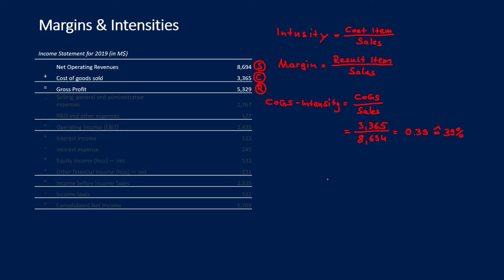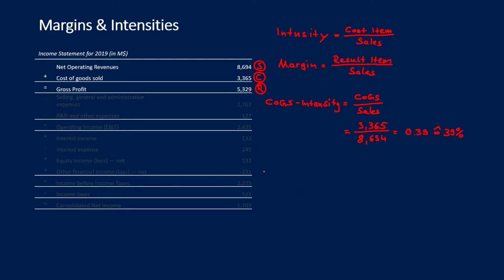So from each euro, or from each dollar in this case, of sales, 39 cents will be spent for the directly attributable cost. So for the cost of goods sold, 39%.